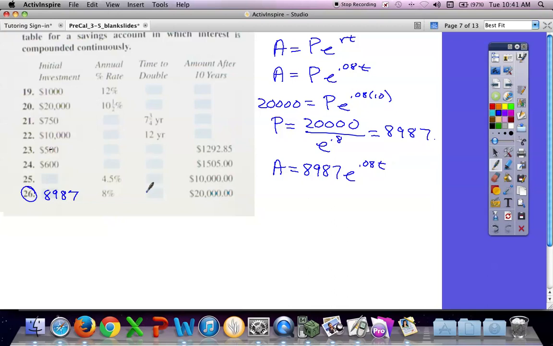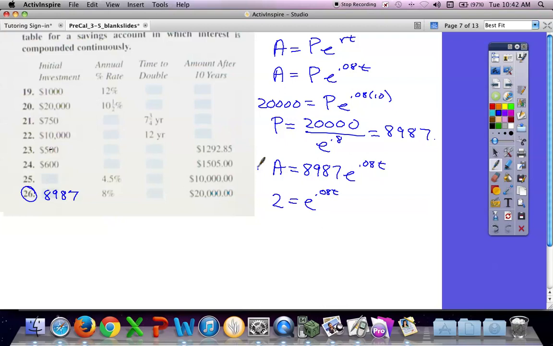Okay, now how are we going to find the time to double? We can multiply 8,987 times 2, but the first step we're going to divide by it, and what will we get? 2. So let's just save ourselves the trouble of doubling the P and just say 2 equals e to the 0.08 times t.